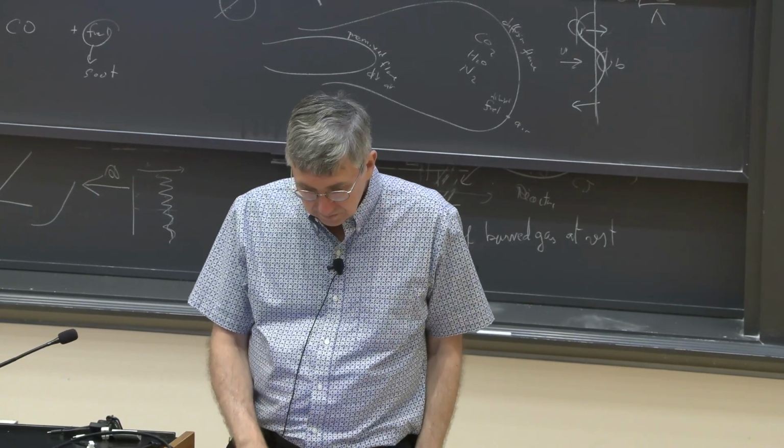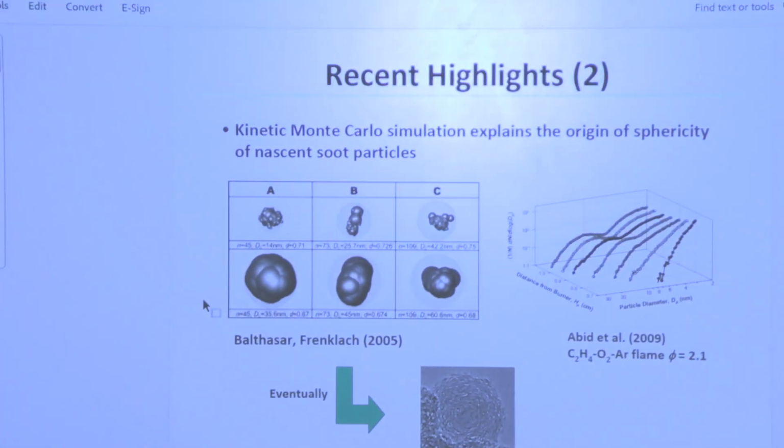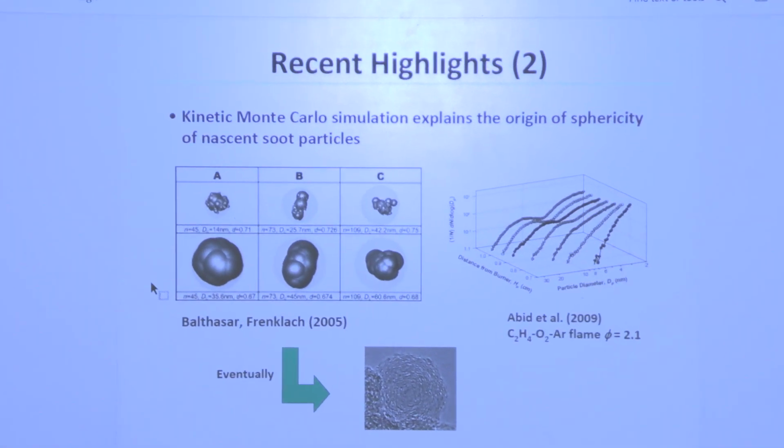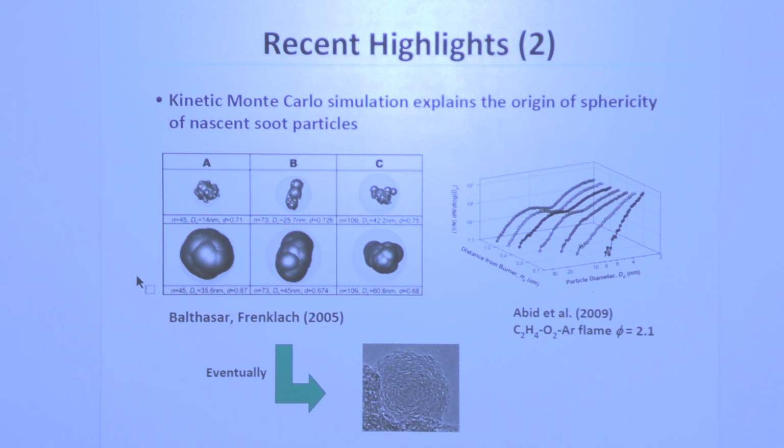This was the status in 2010, or around 2010 when Hai Wang gave this talk, is you can do kinetic Monte Carlo simulations and understand why you get the shapes of the soot that you see. And this work here is shown by Frenklach.